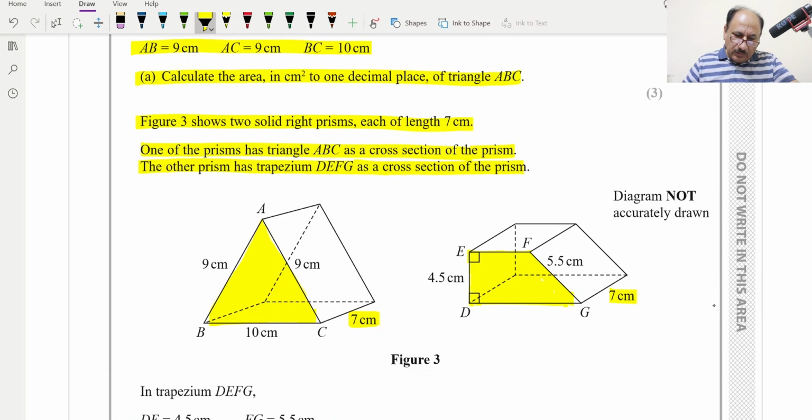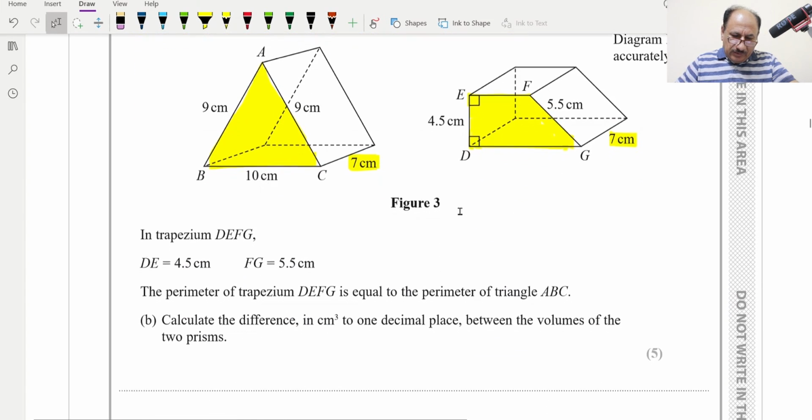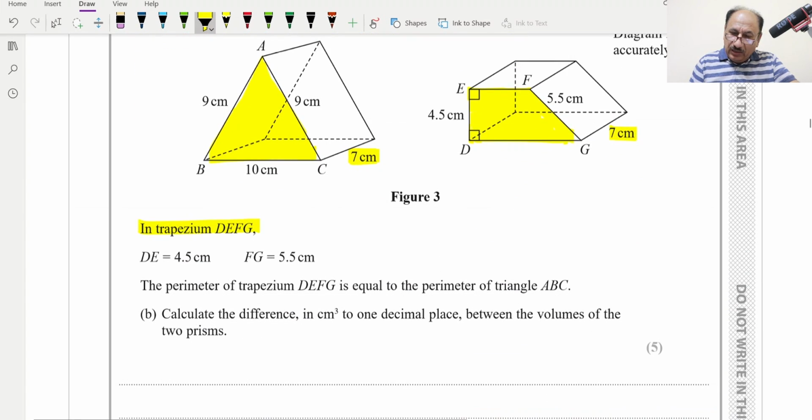Now in the trapezium DEFG, DE is equal to 4.5, which is provided, and FG is equal to 5.5. FG is from this point to this point, basically this distance is 5.5. So don't confuse this distance with this dotted line. This 5.5 is basically the slanting height of the prism.